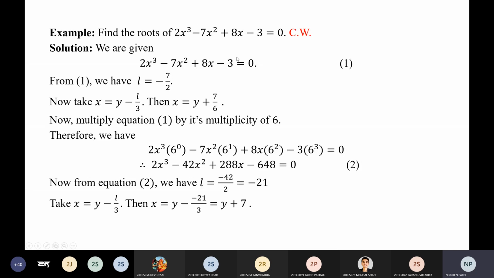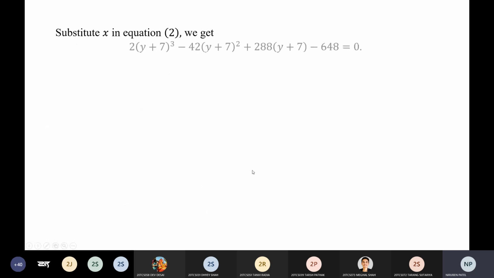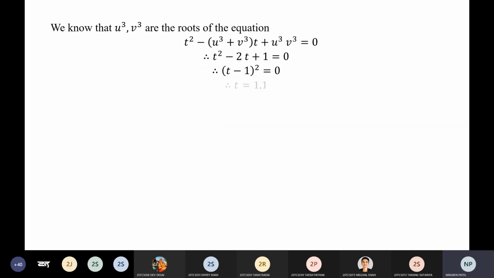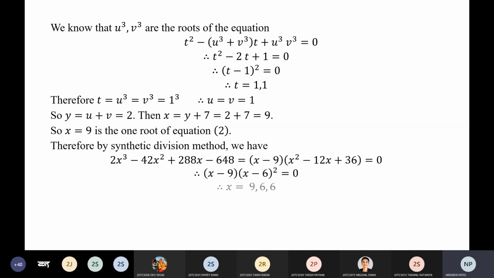But we need to find the roots of the original equation 1. So 9, 6, 6 are roots of this equation: 2x cube minus 42x square plus 288x minus 648 equal to 0. So the roots for the original equation will be, just divide by 6.